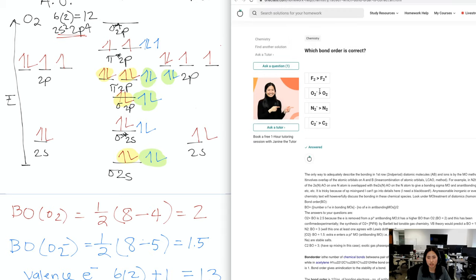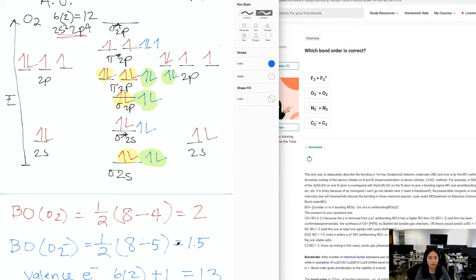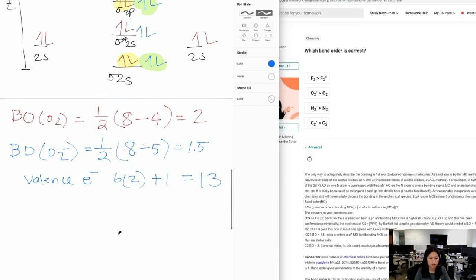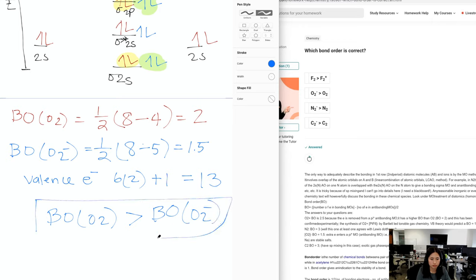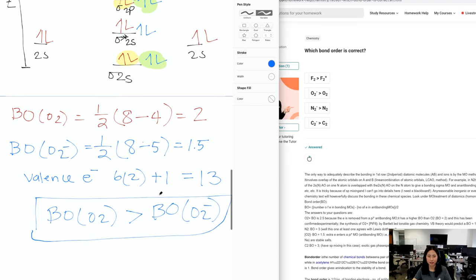So this should be the other way around, right? Okay, we're almost there. I know this is very lengthy, but this is the way to go.